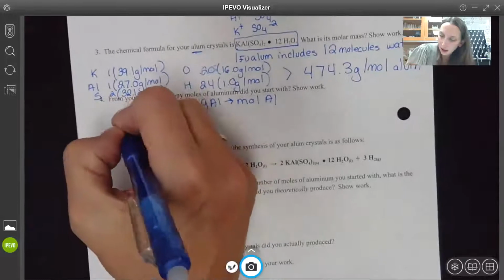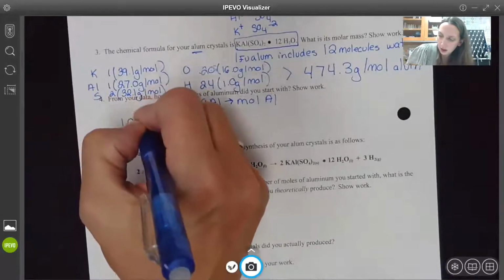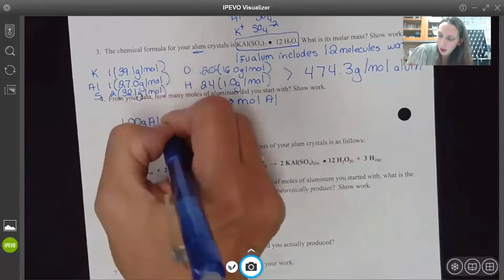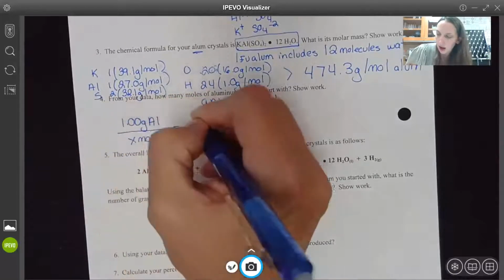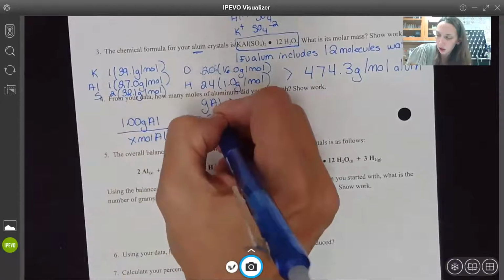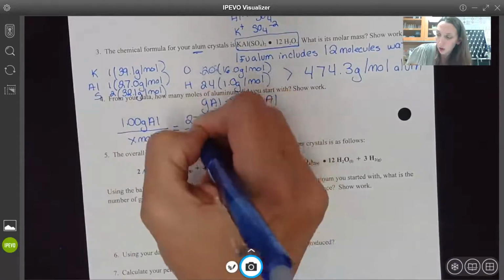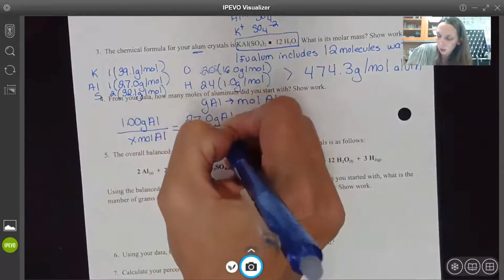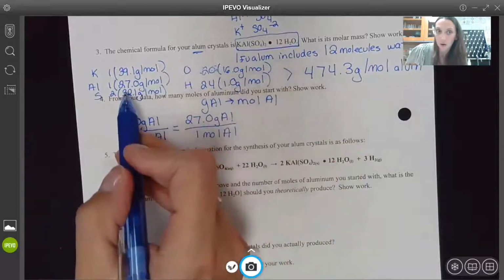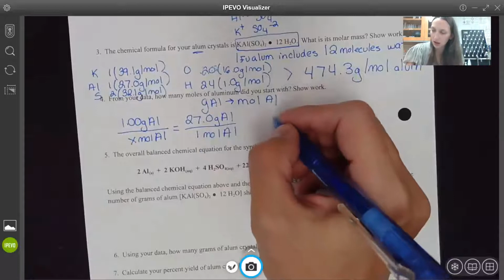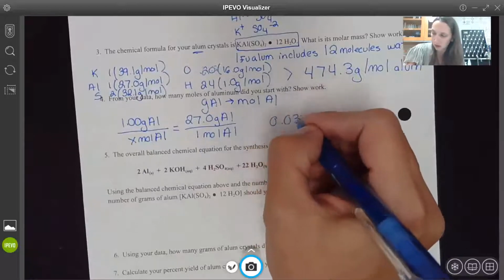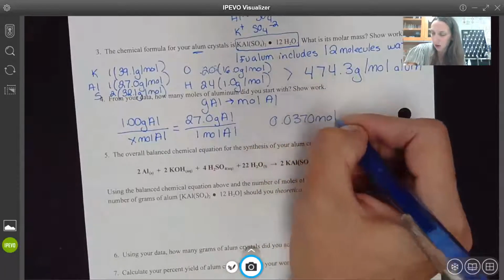So I'm going to say, if I started with exactly 1 gram of aluminum, how many moles of aluminum would that be? And I know there are 27 grams in 1 mole of aluminum. I have that written up here. Cross multiply, divide. When I did this, I ended up with 0.0370 moles of aluminum.